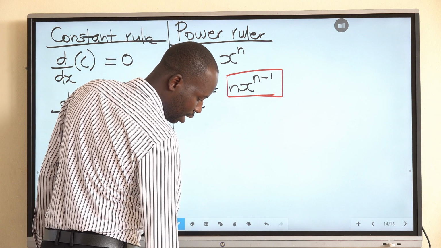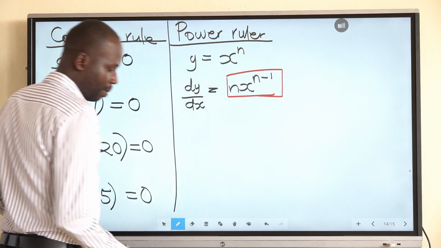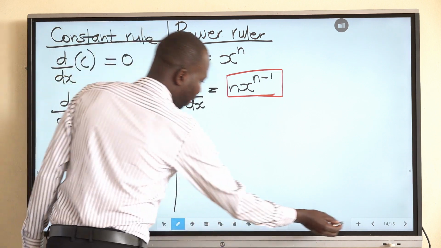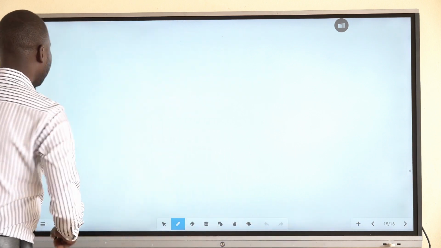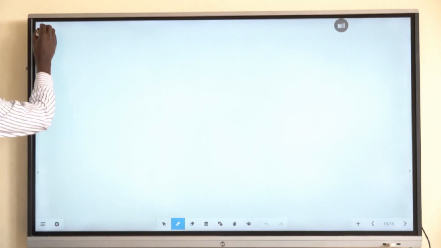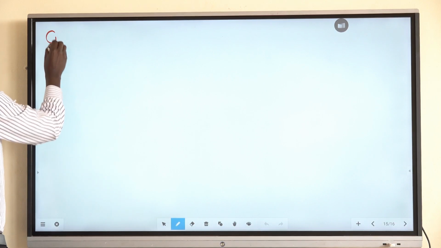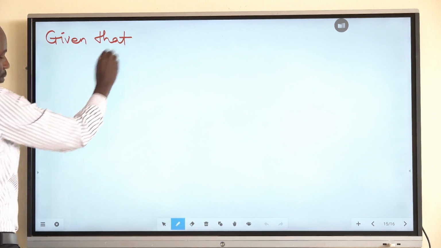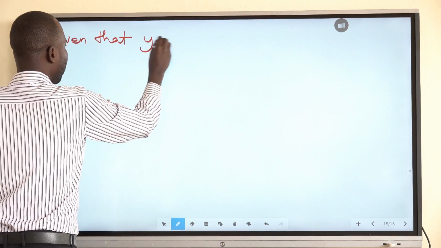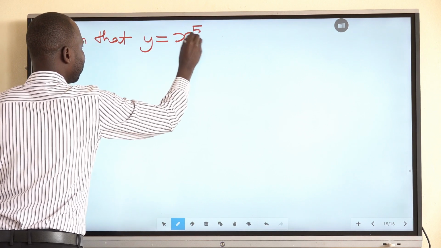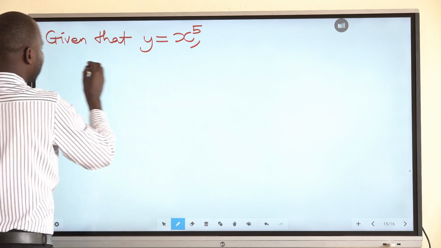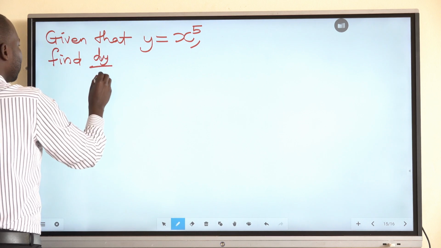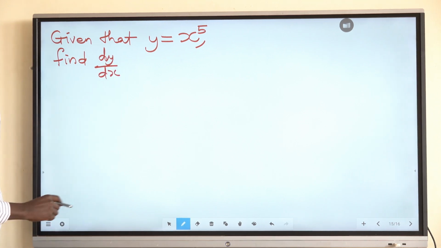Let's see an example of a number under this. We can be given a question that, given that y is equal to x to power 5, find dy dx.